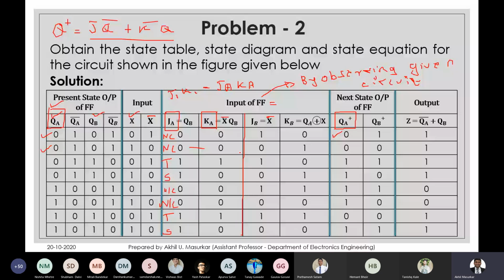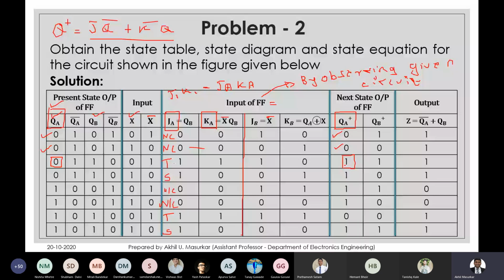And since I give J and K as 0 0, there is going to be no change. So I'll get here 0. Now the next one is the third row. If you see 1 1, JA and KA is 1 1, that is toggle. So toggle means if previously it is 0, the next state should be 1. It should toggle.